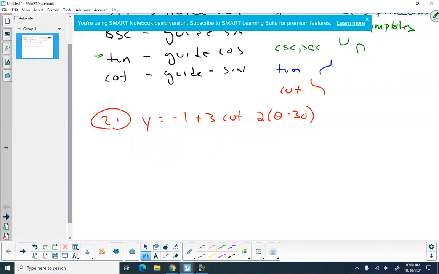Is it going to be a sine or a cosine? If I have a cotangent, will it be sine or cosine? Sine. Now, if you want to rewrite it, that is fine, or you can just write sine up above it.